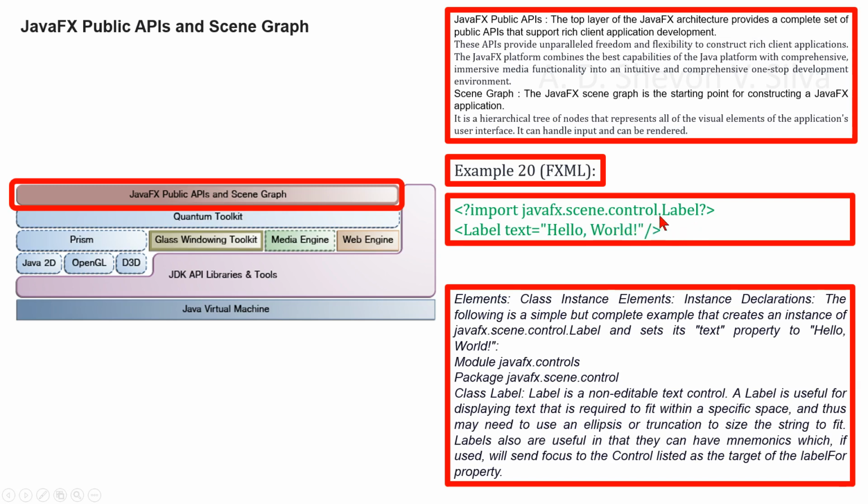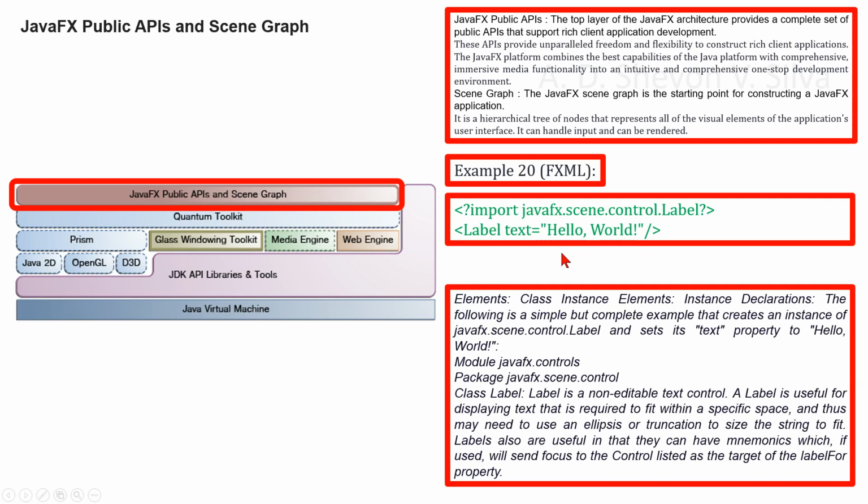If we put an asterisk here, that will import all the classes from the javafx.scene.control package. Any class that adheres to Java Bean constructor and property naming conventions can be readily instantiated and configured using FXML. The following is a simple but complete example that creates an instance of javafx.scene.control.Label and sets its text property to hello world.